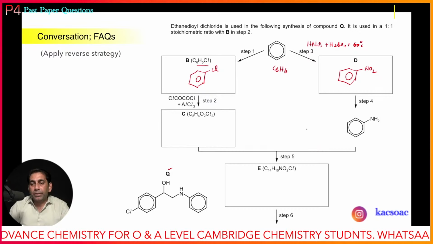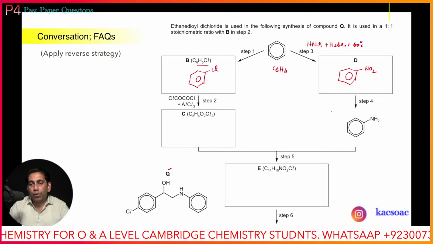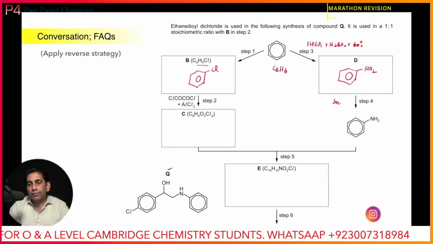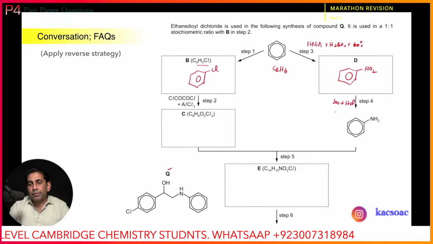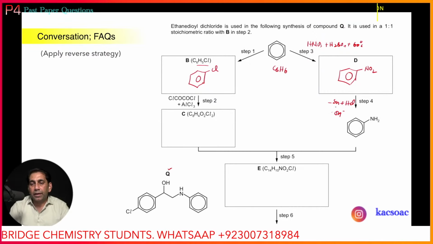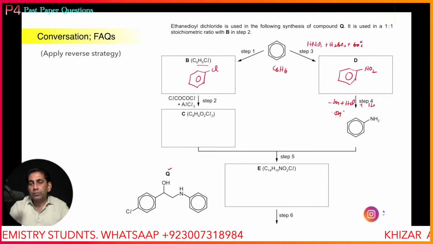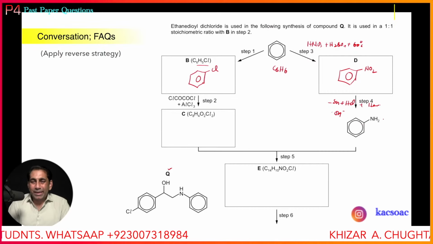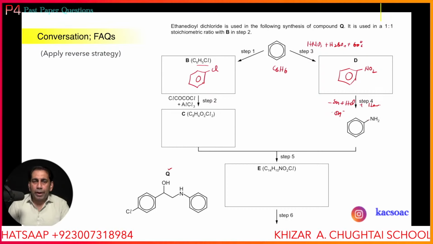In the next step, step number 4, we are going to have Sn plus HCl plus OH at the end, plus heat. So in this way, we can synthesize this phenylamine or aminobenzene.